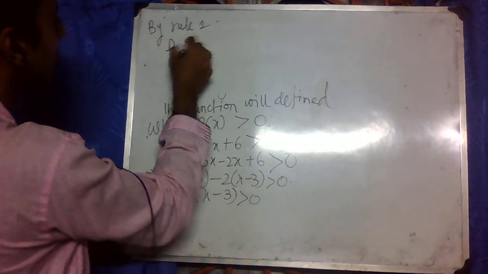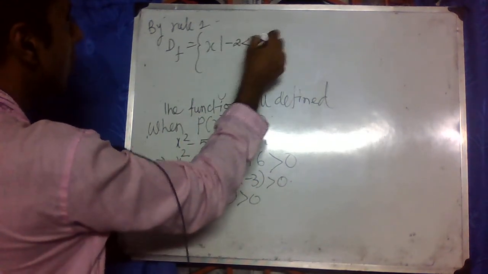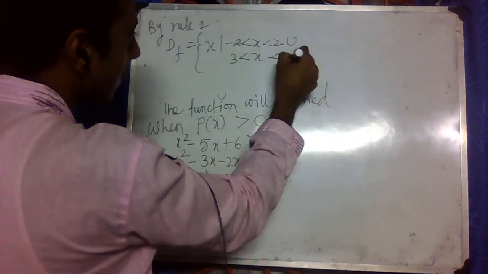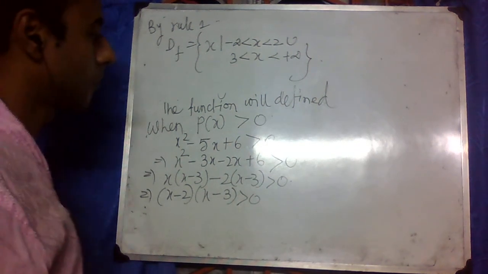The domain of f is minus infinity to 2 union 3 to infinity. Clear?